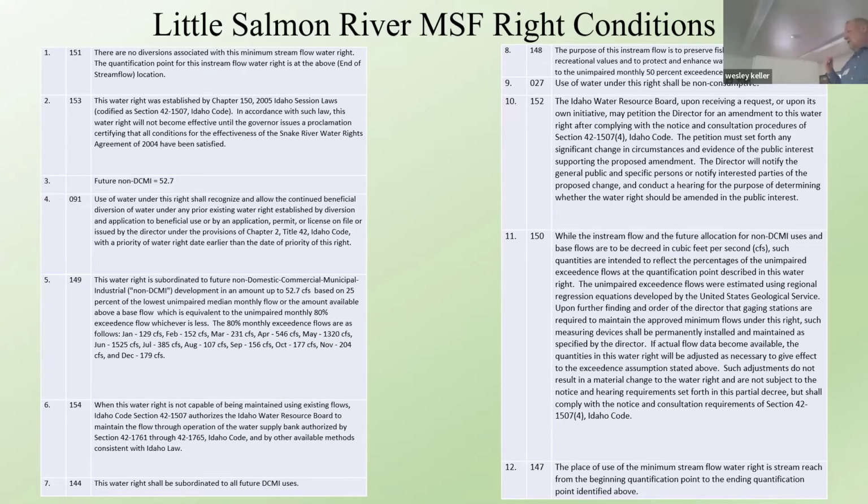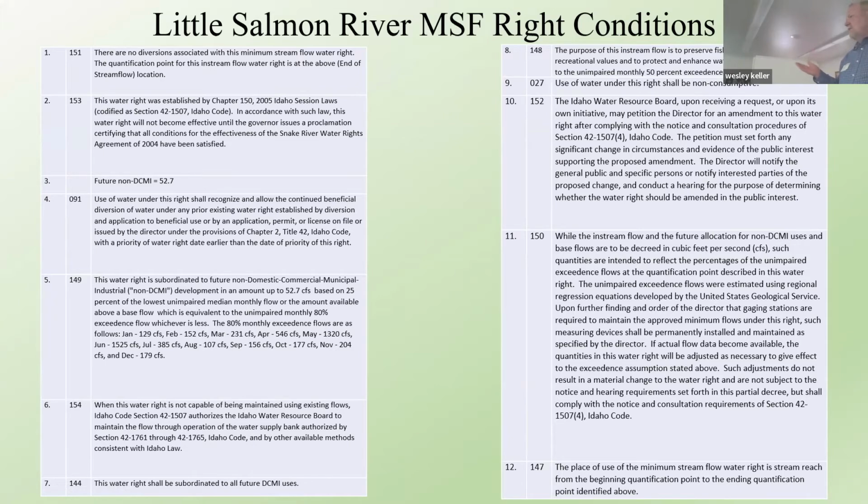There is also an accounting condition on this, which allows for future allocation of water, which is this number 5 here. So what essentially this means is an additional 52.7. I'll read it first.